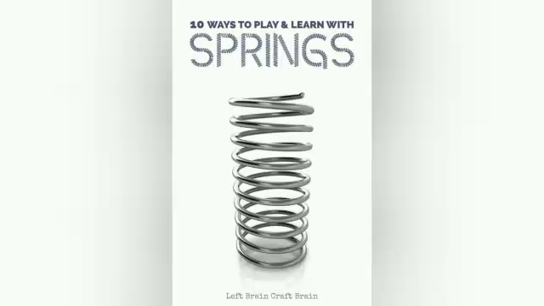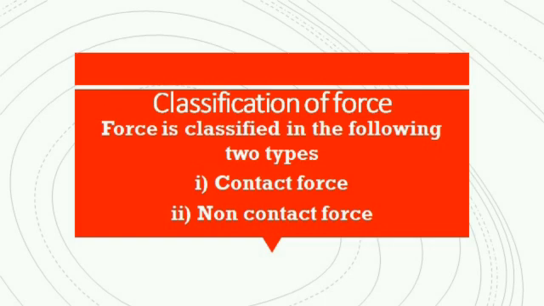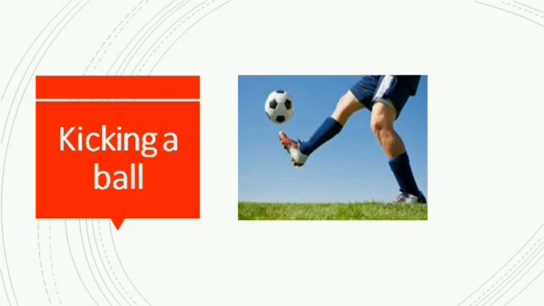When you pull a coiled spring whose one end is fixed to a wall, you apply an effort on the spring. The spring gets stretched. When you apply some force, the spring gets stretched. This is an example of contact force. Why? Because you are in contact with the spring. Clear? When you kick a ball, you are in contact with the ball.